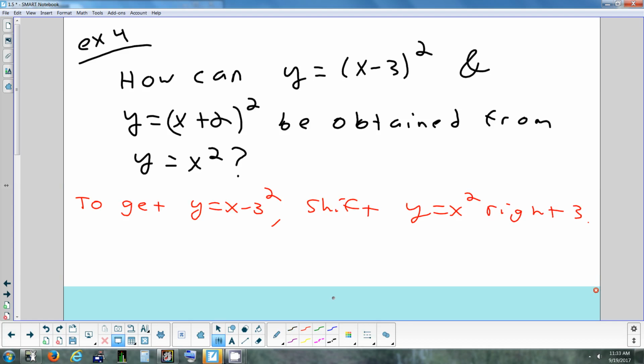You might think, if you have a minus 3, the negative direction goes to the left, but it doesn't work that way. So with horizontal shifts, you've got to be careful. To get y equals x plus 2 squared, shift y equals x squared left 2.